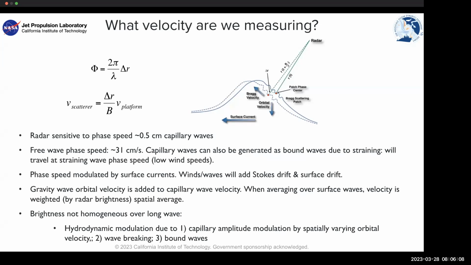So we need to subtract the velocity from these other waves as well. They're modulated by surface currents, but also they suffer from some Lagrangian flow. And there's an additional Stokes drift component and surface drift component that goes into it. And then finally, most of the vertical velocity is due to larger gravity waves, and we need to be able to subtract that out.